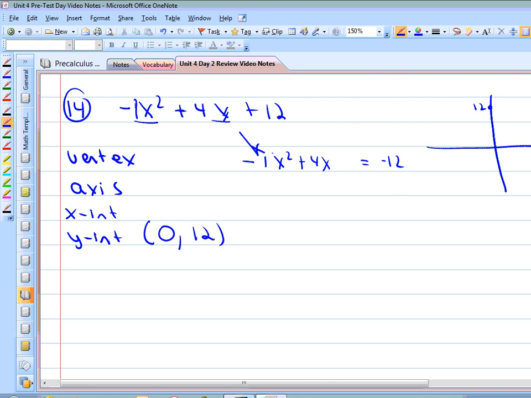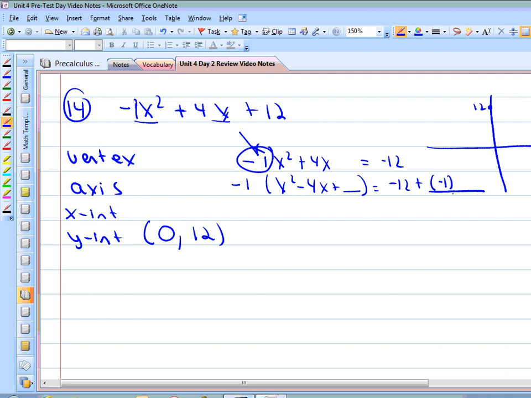I have to factor out the negative 1. I know there's a simpler way we could do this, but this also explains the process when you have any coefficient, and I think that's important. So I'm going to take out the negative 1, and I would have x squared minus 4x plus blank equals negative 12 plus blank. And that blank would have to be multiplied by the negative 1.